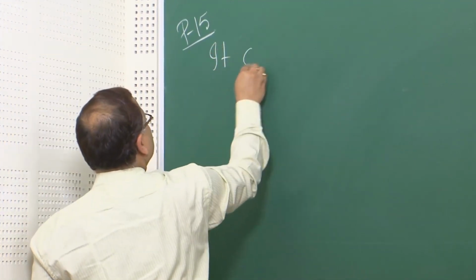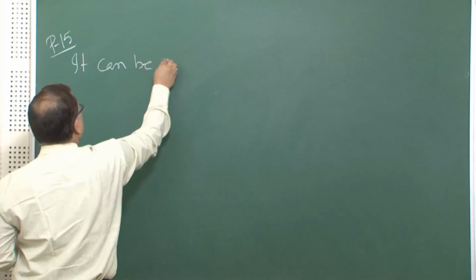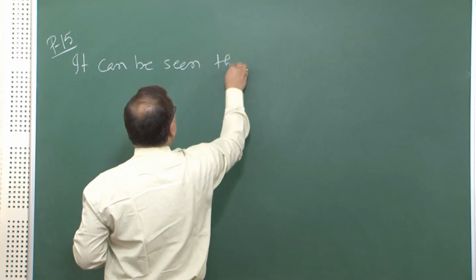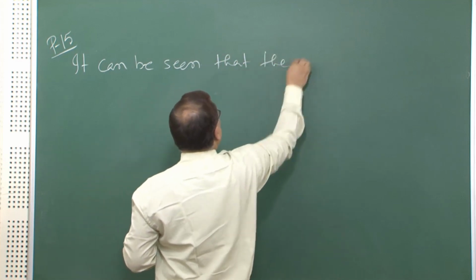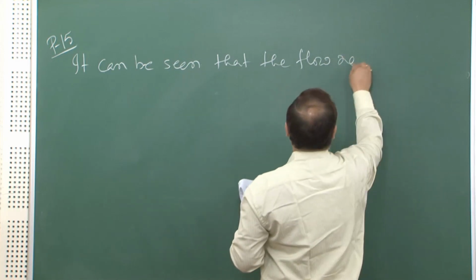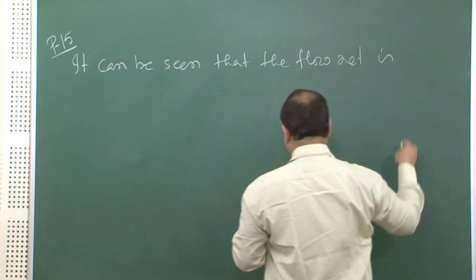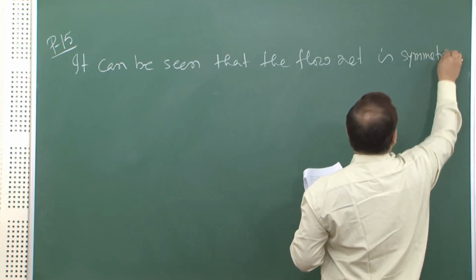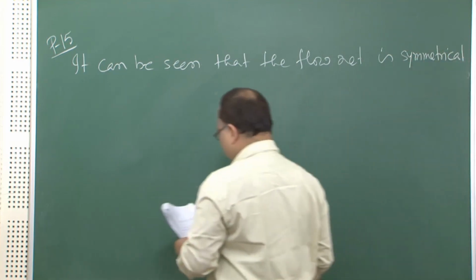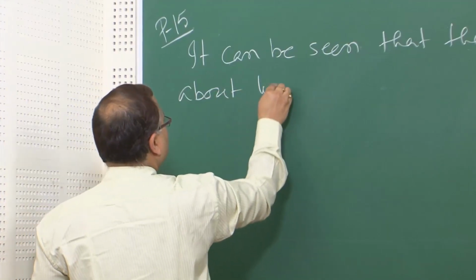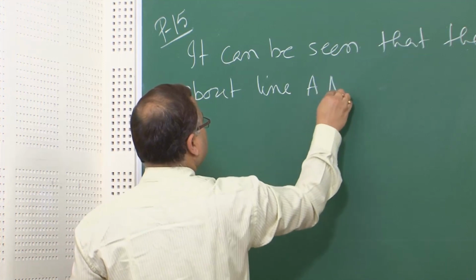It can be seen, as I told you, that the flow net is symmetrical about line AA.